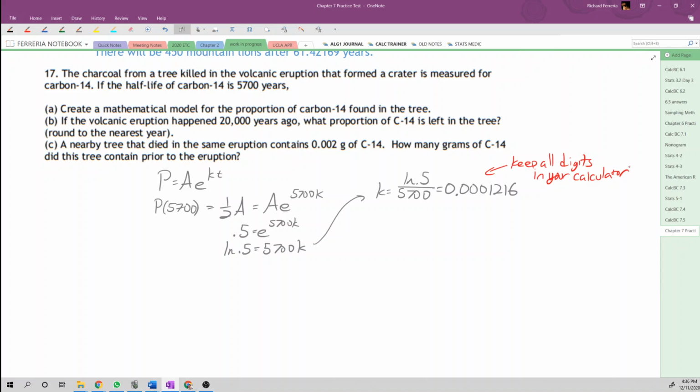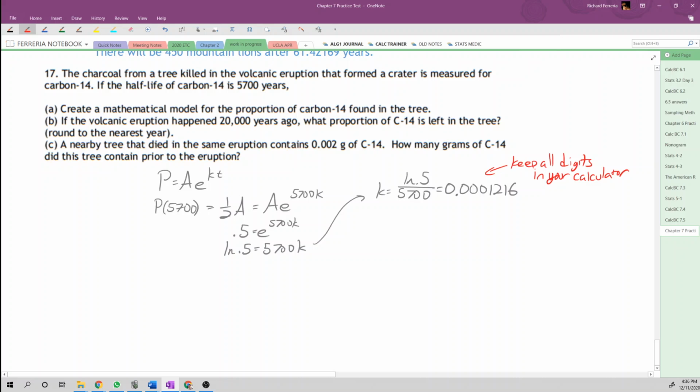With a special note, you have to keep all of those digits in your calculator because we're dealing with exponential growth, and since k appears in the power, really small changes to k can mean drastic changes in our results.